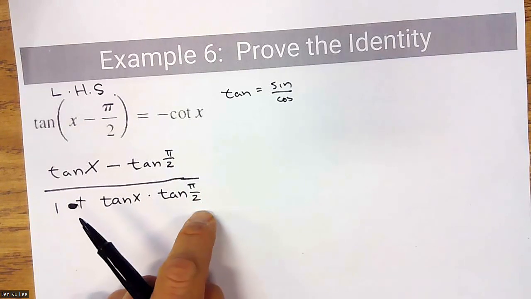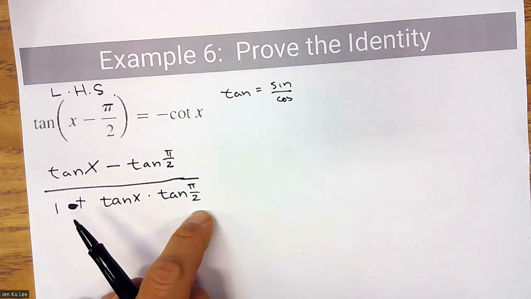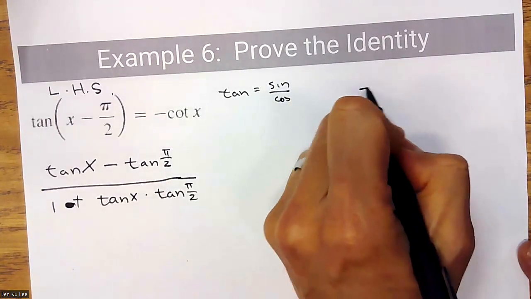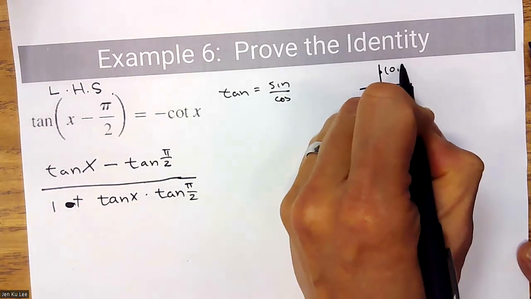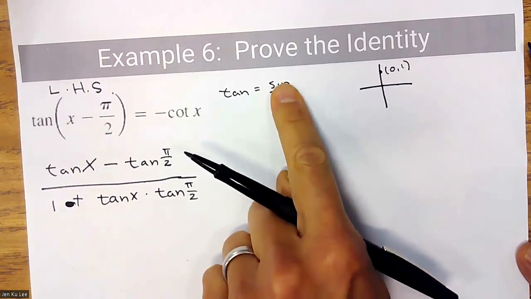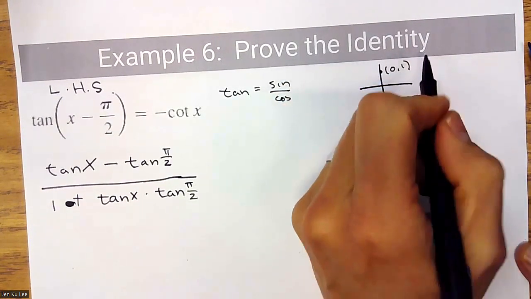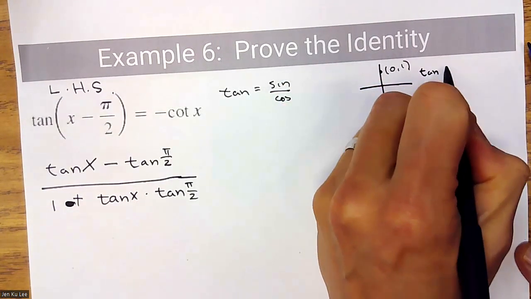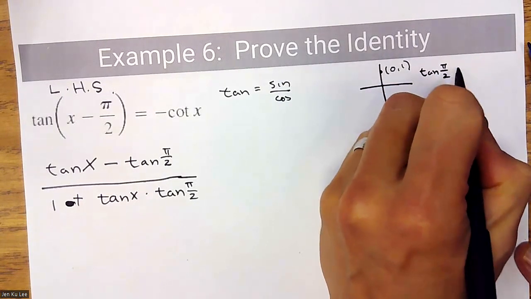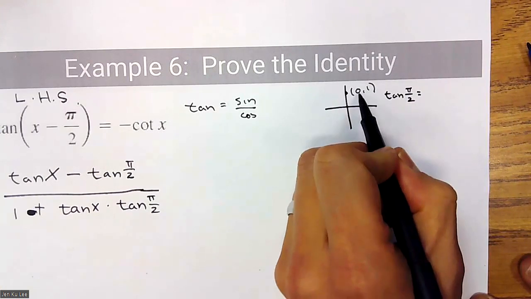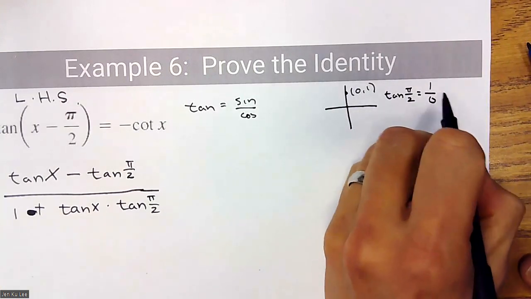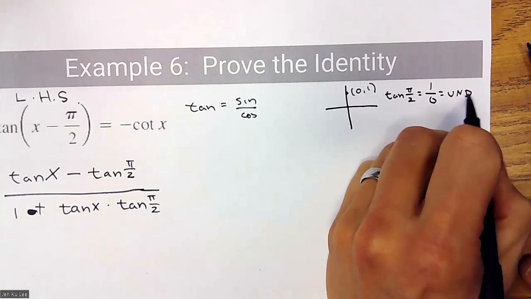I know the tangent of pi over 2, right? So I go back to my pi over 2. We just did it with example 5: (0, 1). I know tangent is sine over cosine. So the tangent of this angle, pi over 2, equals sine over cosine, which is 1 over 0, which is undefined.